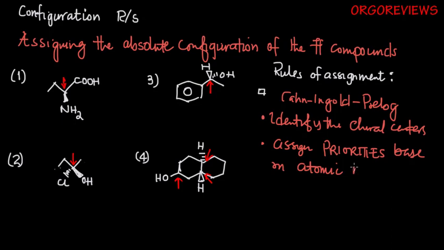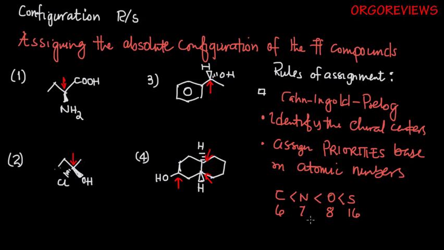So every group on that chiral center will be assigned priority based on their atomic number. What that means is that a carbon will have less priority than a nitrogen, which will have less priority than an oxygen, and so forth and so on. Because carbon is 6, nitrogen 7, oxygen 8, sulfur 16. So depending on what is attached, their priorities will be assigned as such.